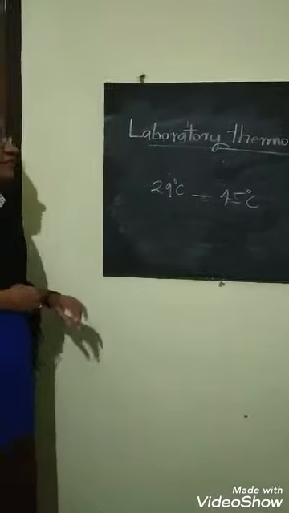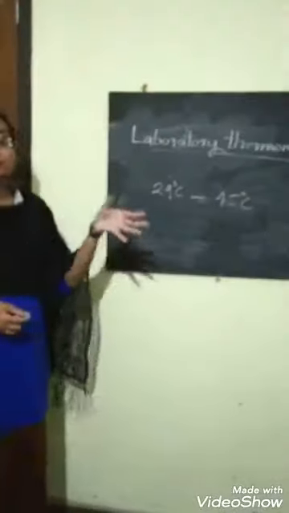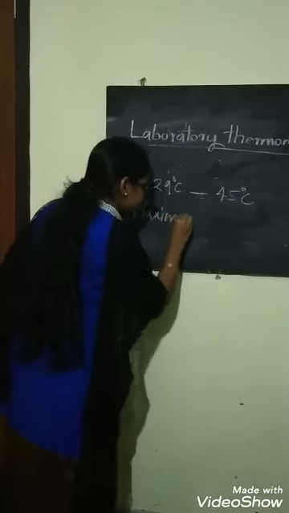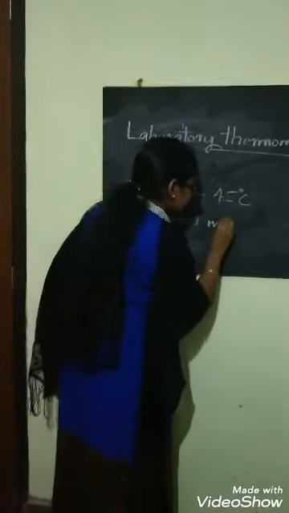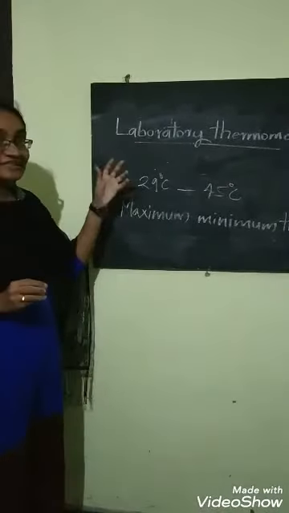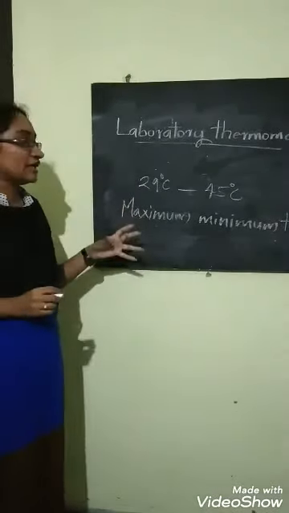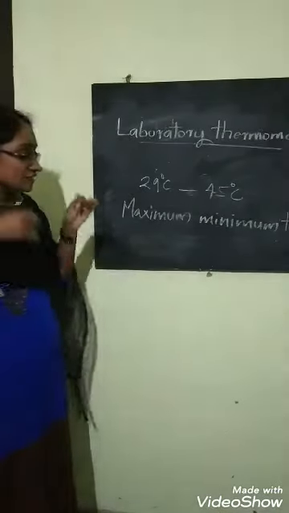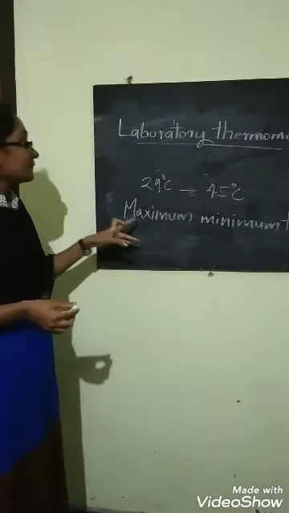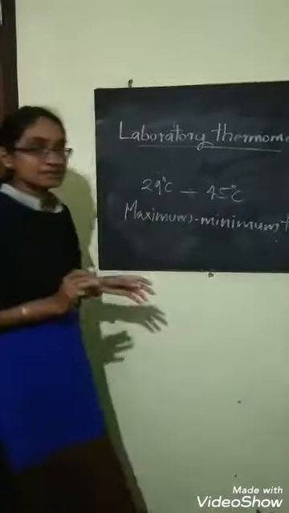For the weather, we use a maximum minimum thermometer. That is, for the weather we have a higher value and a lower value. It says that our lower temperature will be this and the higher temperature will be this. So please note the name: maximum minimum thermometer.